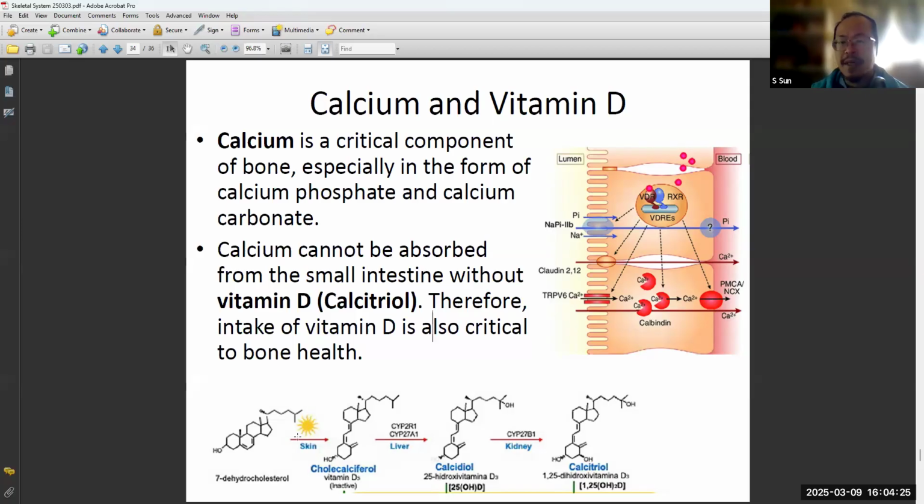People need to build their bodies with strong bones and strong muscles, and you will be surprised that many of these soldiers actually have a vitamin D deficiency.